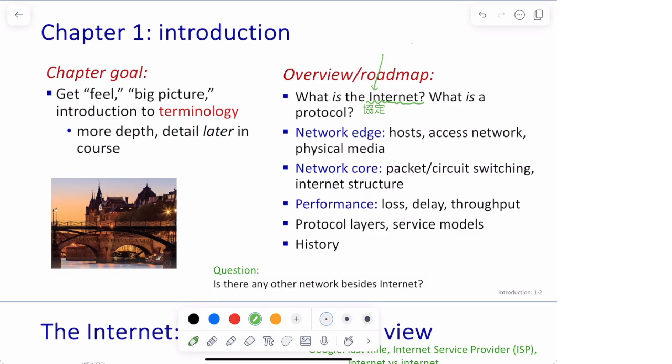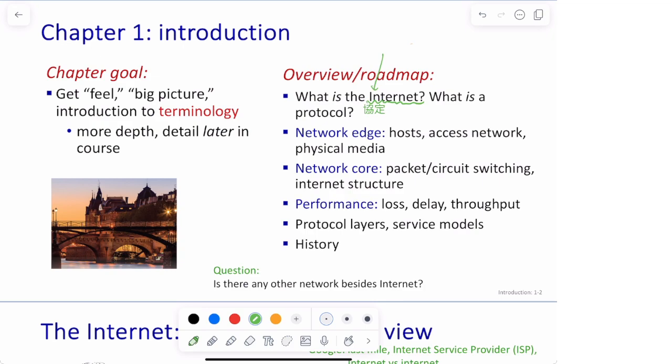The third one is network core. That means there are some other devices which are far away from us, and they are in the cloud, they are in the Internet. So there are some specific technologies and protocols used by those devices. For example, your iPad, cell phone, laptop, or PC are devices you can touch, right, which are nearby you.